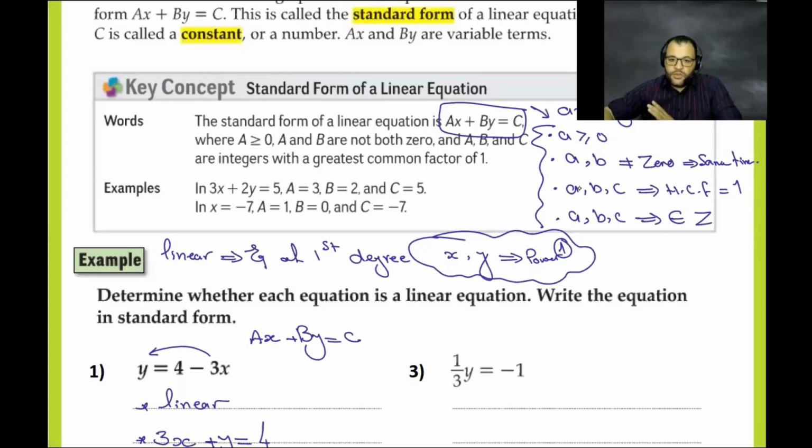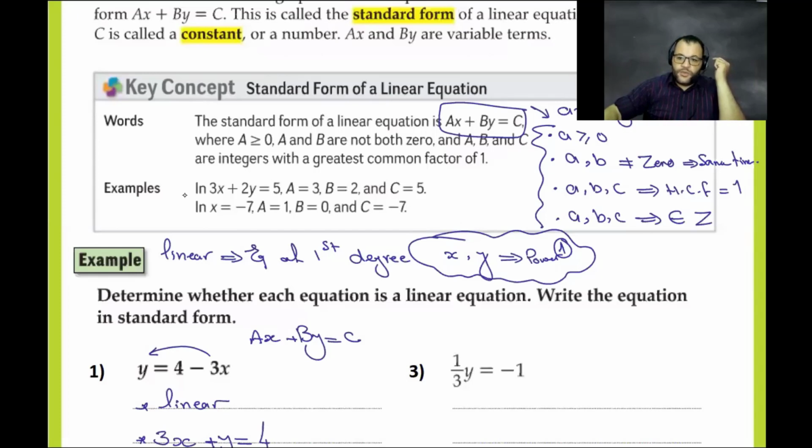A is greater than or equal to 0. A and B are not equal to 0 at the same time. For the linear equation, you must have X or Y or both of them. Plus, A and B and C, the highest common factor between them is equal to 1. A and B and C are integers, not fractions, not decimals.